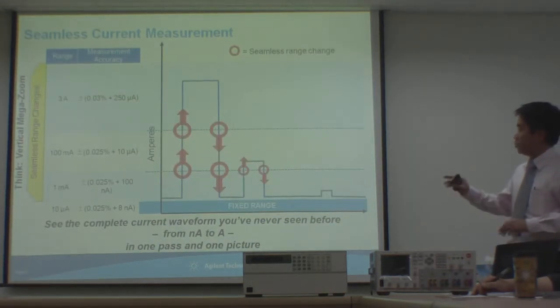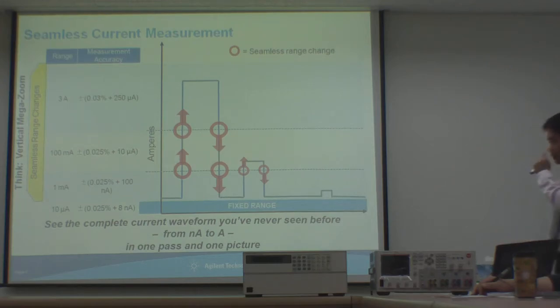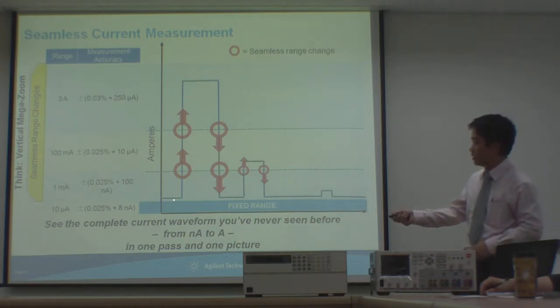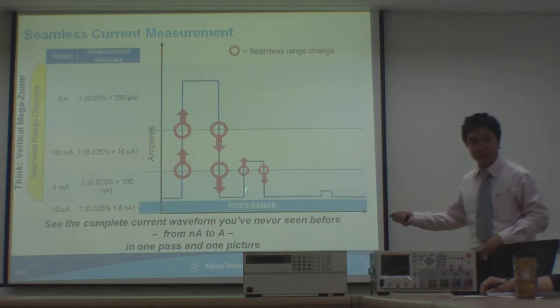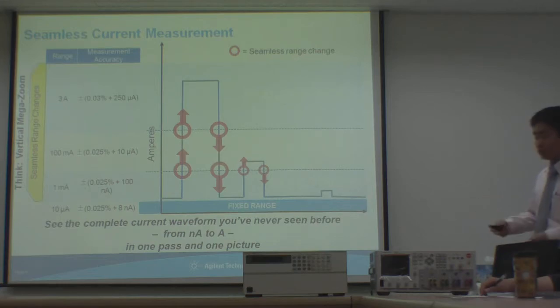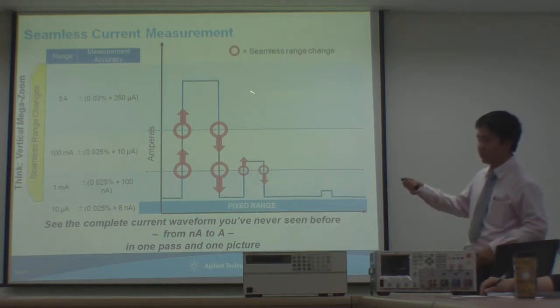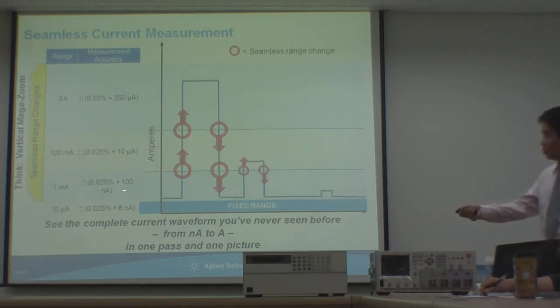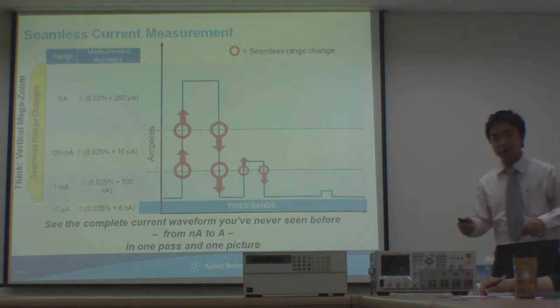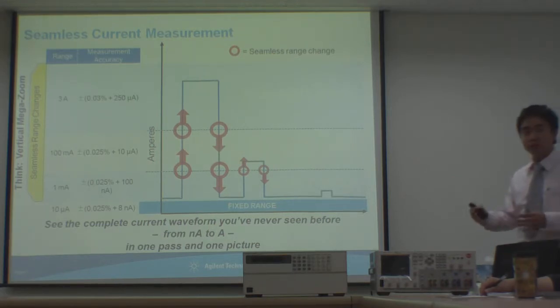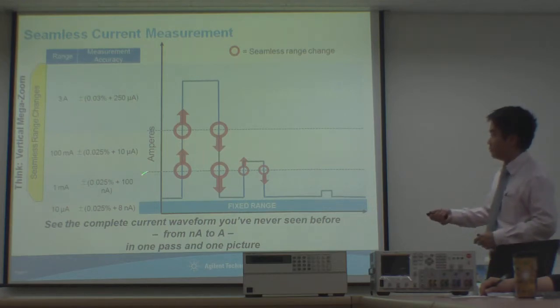Probably the one single important feature on this box is this right here. We call it seamless current measurement. In your device, most likely the current is going to be very dynamic, depending on what it's sourcing, what's being pulled from it. So if you're switching between different ranges, from a low range to medium range to high range, the seamless current measurement allows the system to automatically select the range that has the most accuracy.